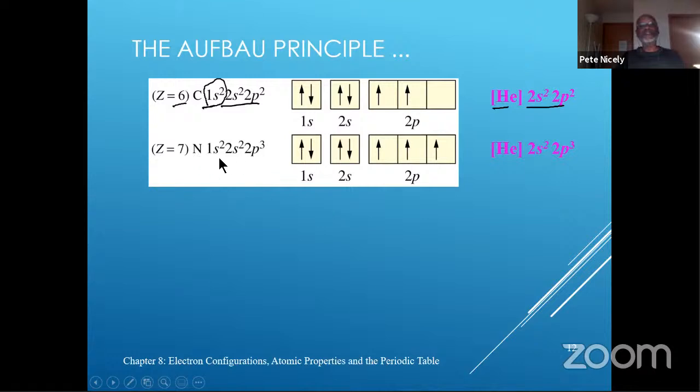This is the full electron configuration, and again, this would be the abbreviated version, all right? So that's basically how we get the abbreviated version, the full configuration from the atomic number, and also the electron in box notation, as you can see in the middle.